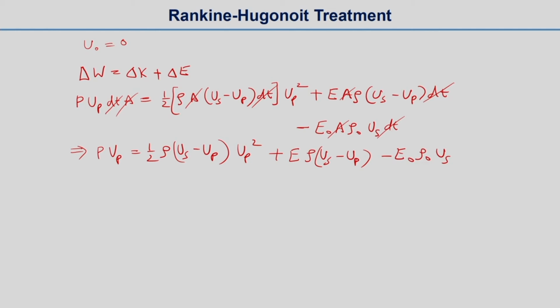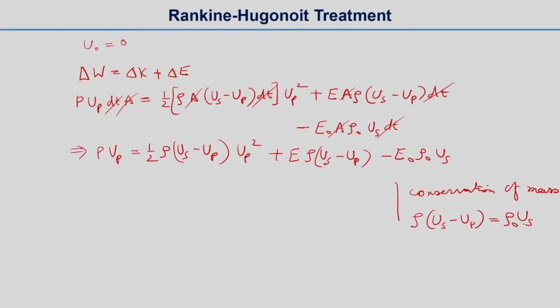So from conservation of mass, we got that rho (Us minus up) is equal to rho naught Us.